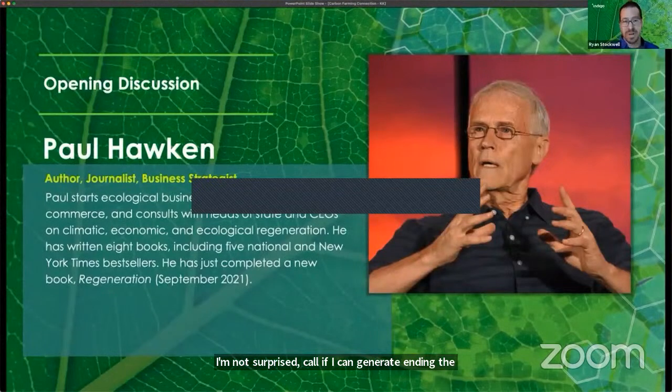If you're not already familiar with Paul, he is a prolific researcher and writer, who has written a number of books, including Drawdown and Natural Capital. He has another book coming out, called Regenerate: Ending the Climate Crisis in One Generation. That sounds really hopeful, and I'm looking forward to reading that book. Paul also has a deep history in starting and growing businesses that work with growers to reward them for the practices they use.